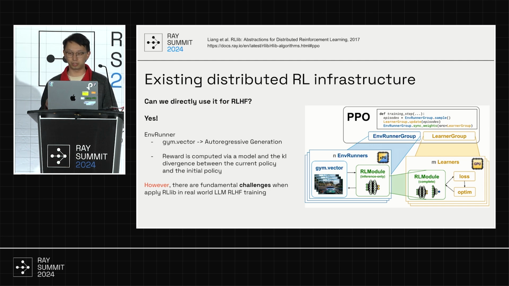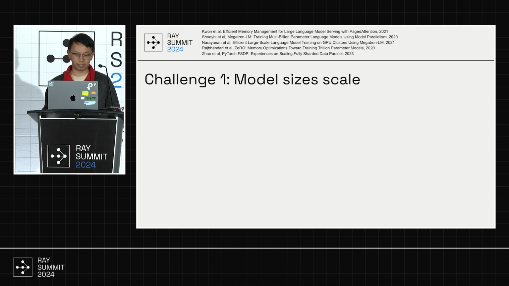RLlib in real-world training. One of the fundamental challenges is that the model size scales. For classic RL, the model size is typically very small, maybe 1 million parameters or 7K or hundreds of K parameters. But when we talk about large language models these days, it's about Llama 8B, Llama 3.2, 90 billion parameters.